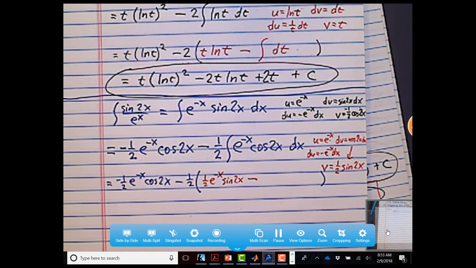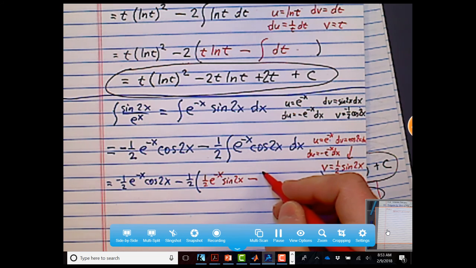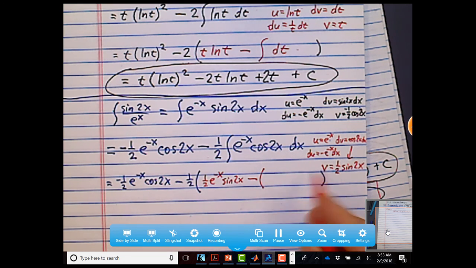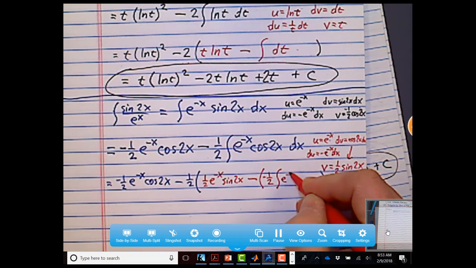Minus, okay, now careful here. We have minus, and then it's an integral, negative 1/2 integral of what? E to the negative x sine of 2x dx.